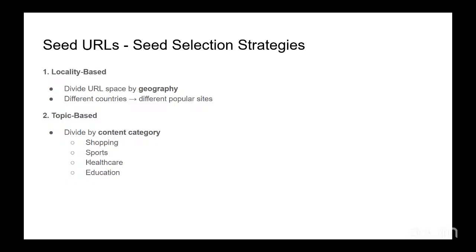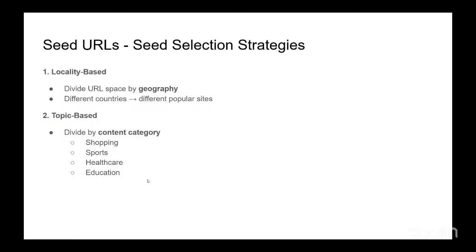The second thing we can do is select based on topic. For example, maybe I want to gather information from shopping websites, sports, healthcare, education. Based on this, I will select Amazon or some other shopping websites for the shopping category.